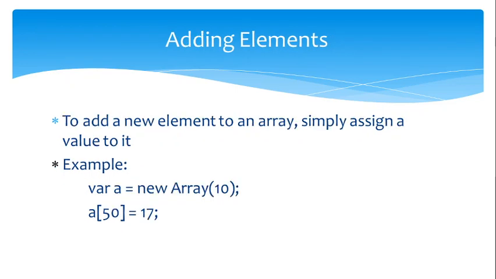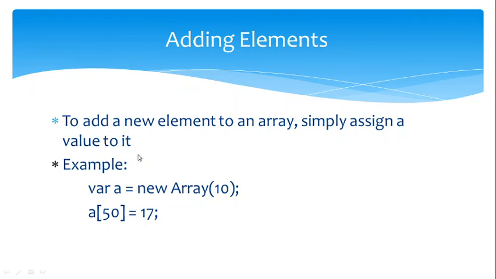Fine. Next, adding an element to the array. You have completed all these topics in the first year in C programming, but I am just repeating them to recall them so you can do these things in JavaScript. To add a new element to an array, simply assign a value to it.